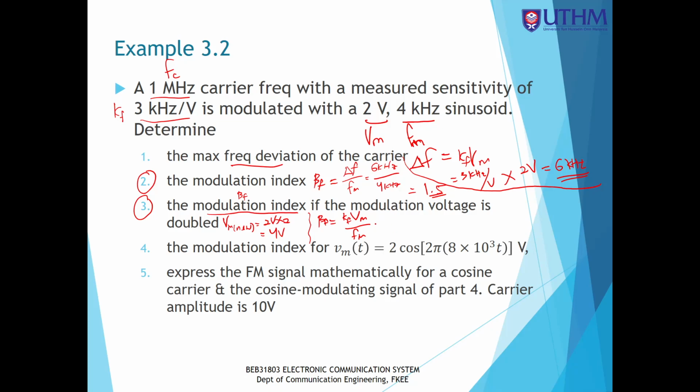Kf is still the same, 3 kilohertz per volt according to the question, multiplied with Vm new, which is 4 volt, divided by 4 kilohertz.